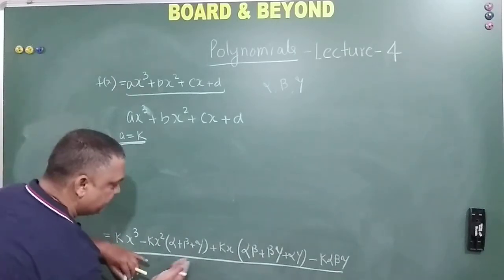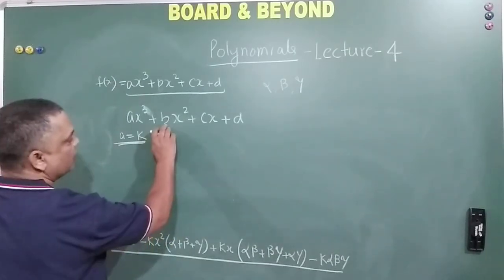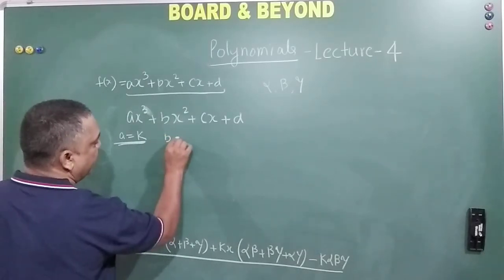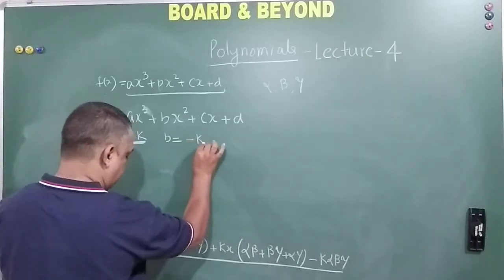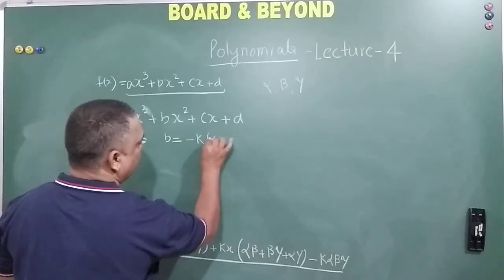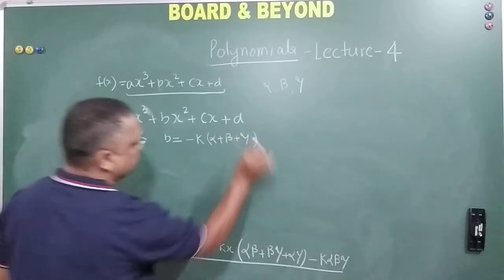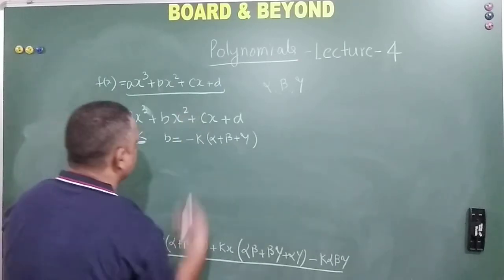Now coefficient of x square here is b and it should be equal to minus k into alpha plus beta plus gamma. Right friends? I am just equating the coefficients of these two things.